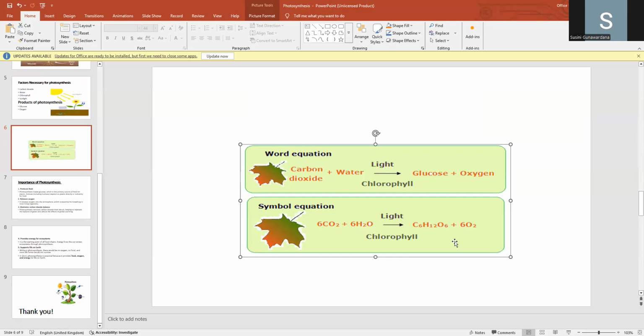So this chemical equation is balanced. We'll learn about balancing chemical equations in the near future. So keep it in your mind: 6CO2 plus 6H2O produces C6H12O6 plus 6O2 when there is light energy and chlorophyll.